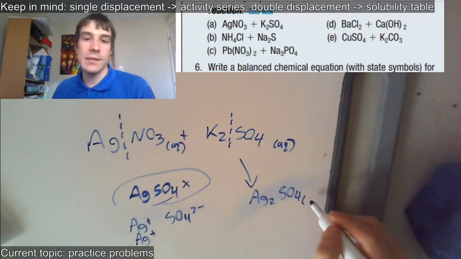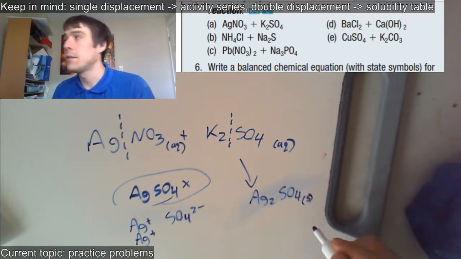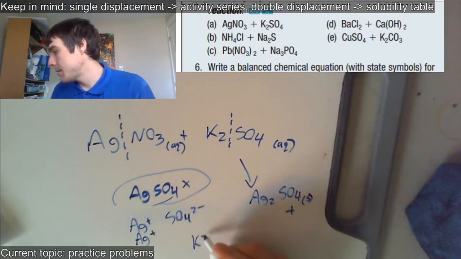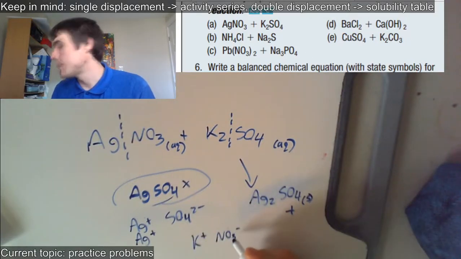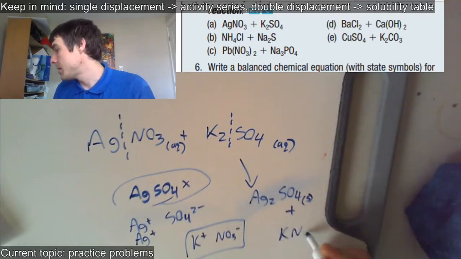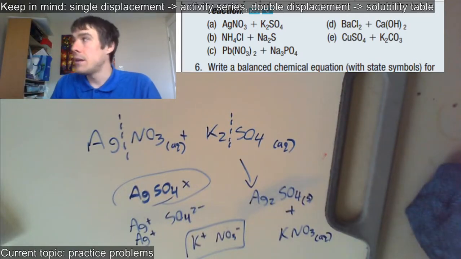And here's the state symbol. This is the one that's insoluble, so it's going to be solid. And then the other one, the potassium nitrate, potassium does a +1, nitrate does a -1. That's fine as is, so potassium nitrate. That one's soluble, so it's going to stay aqueous. The potassium and the nitrate are just going to be floating around. No problem.